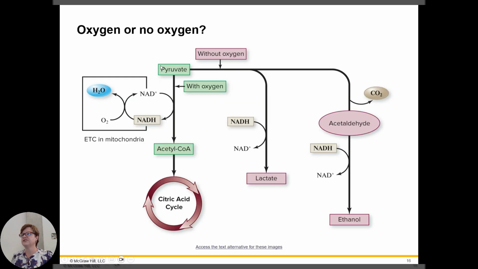Here's the production of pyruvate from glycolysis, and then there's a bifurcation, a sort of decision tree. If the cell has oxygen, then it'll move through the remainder of the aerobic respiration stages. If it does not have oxygen, it will typically go into one of the fermentation processes. We're going to focus on this left-hand side here: aerobic respiration, where there is oxygen, and so we'll continue on in that direction.